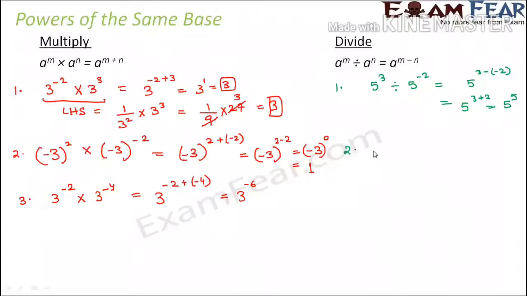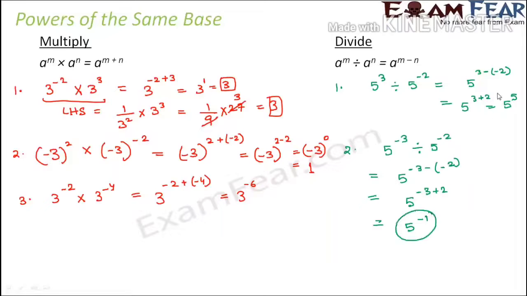One more example: 5 to the power minus 3 divided by 5 to the power minus 2. Both the exponents are negative. We find the subtraction of minus 3 minus minus 2, which is equal to 5 to the power minus 3 plus 2, that is 5 to the power minus 1. So this is the answer.